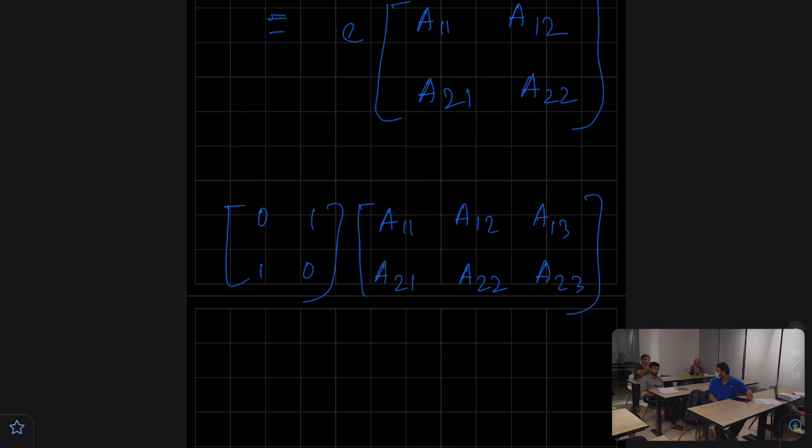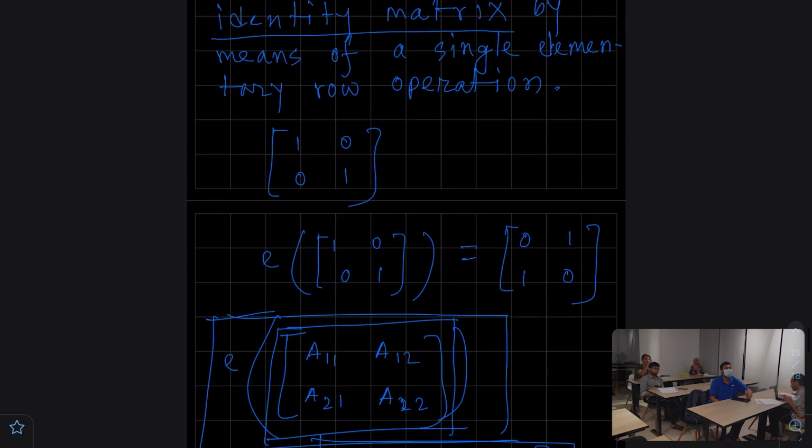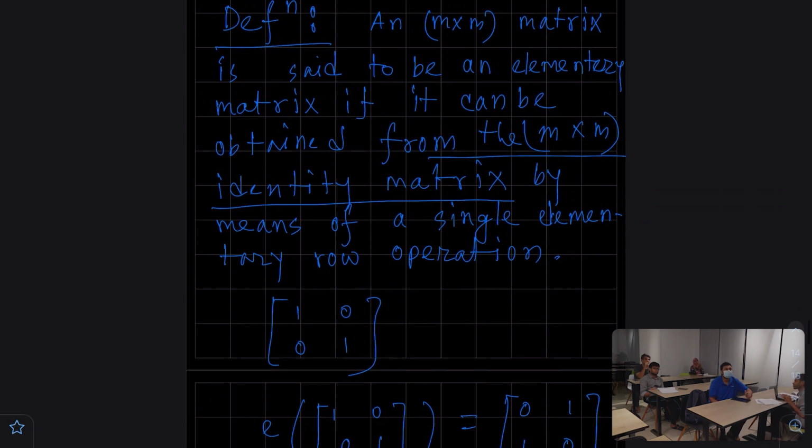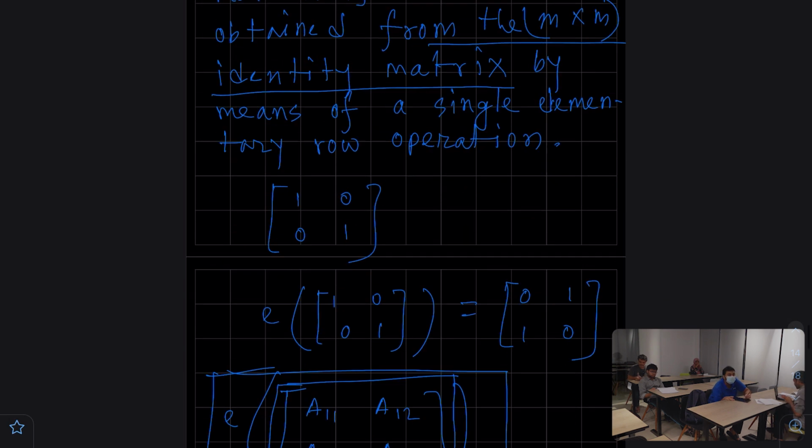Yeah. So in that first thing, that m cross m will not change because it is obtained from the identity matrix. And once you get this elementary matrix, you can interpret any elementary row operation on any matrix by multiplication by one of these elementary matrices.